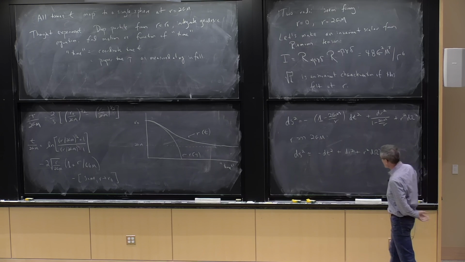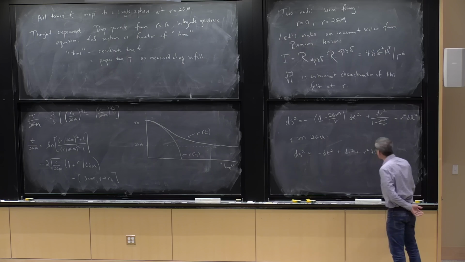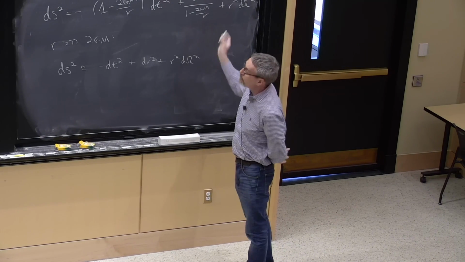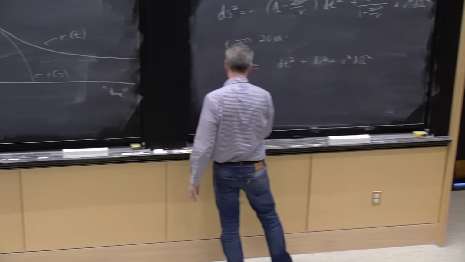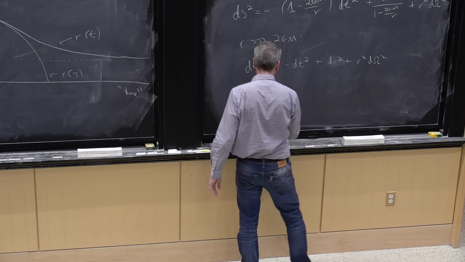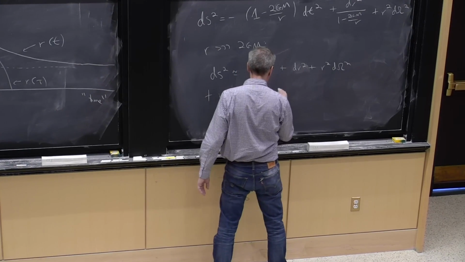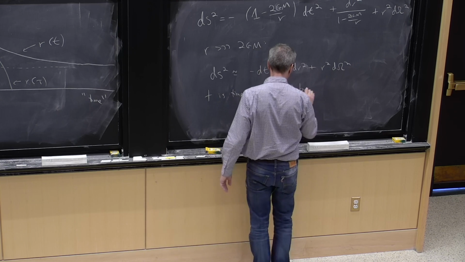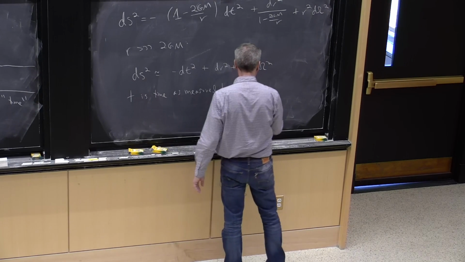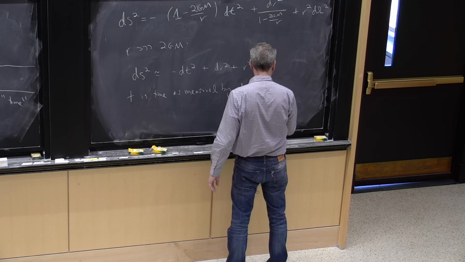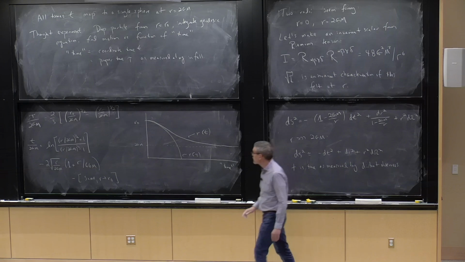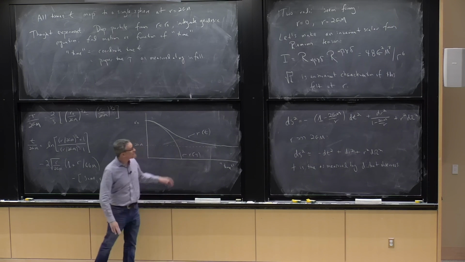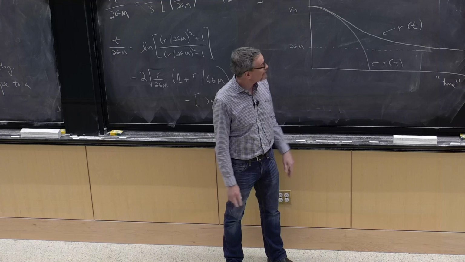And that gives us some insight into what this coordinate t means. The t that we are using in the Schwarzschild coordinate system is time as measured by distant observers. Tau is time as measured by this infalling observer.